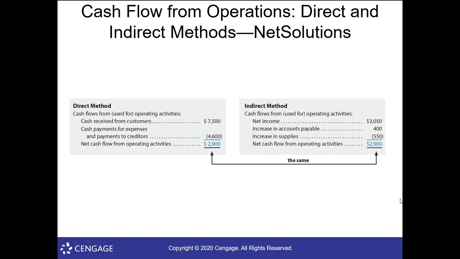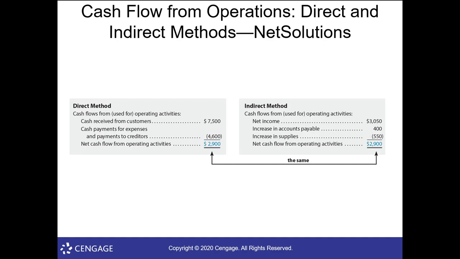So here's an example. Cash received from customers, that's sales plus changes in accounts receivable, whether it increased or decreased. And then payments for creditors and expenses, this is your operating expenses as well as cost of goods sold, with net changes in inventory and net changes in accounts payable. Whereas here, we start with net income. We have an increase in accounts payable. That's a current liability. So if a current liability goes up, cash goes up because you're not paying those particular vendors.